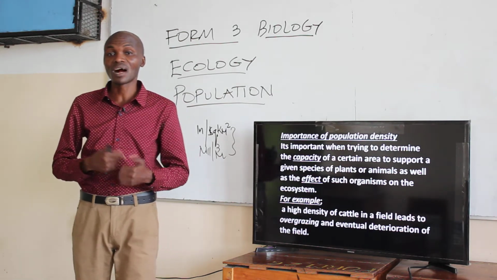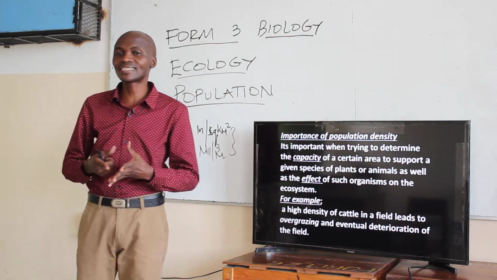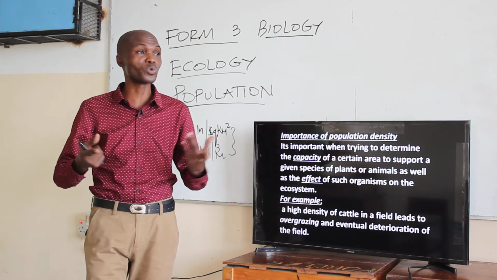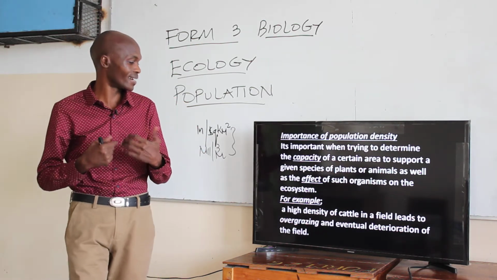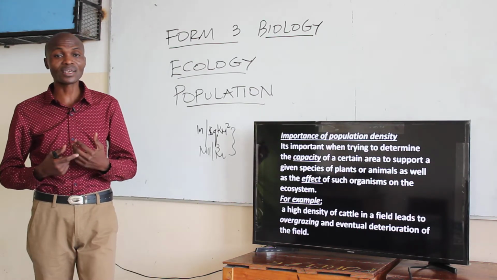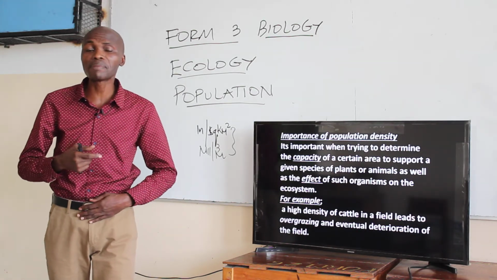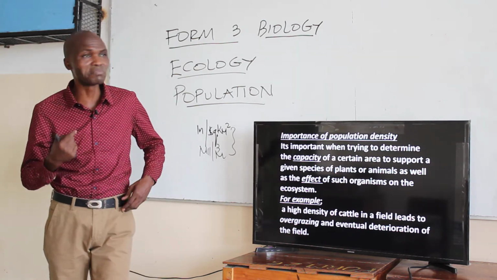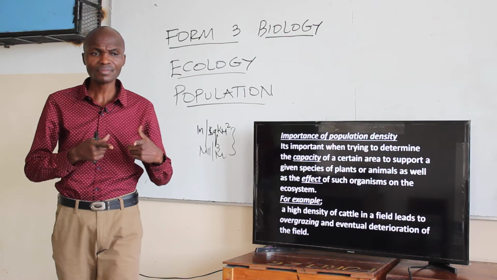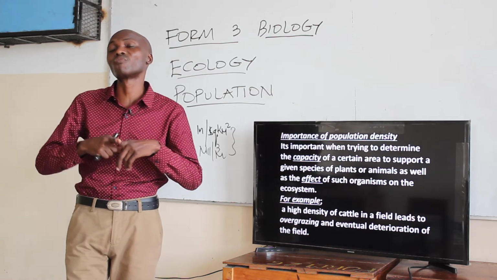For example, if there is a high density of cattle in a field, say a farmer is rearing animals on a farm, and the density is so high, in other words, we have a higher number per square area of the particular field, then there is a possibility that this high density could lead to overgrazing.